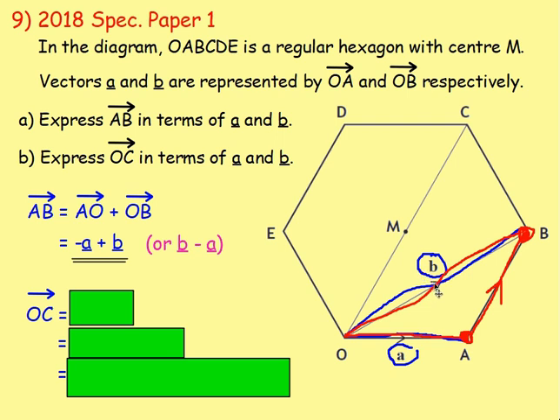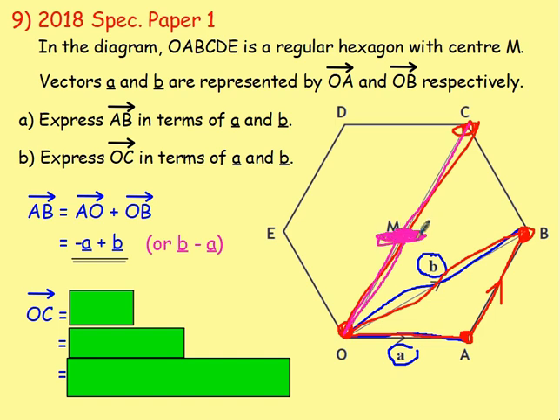Both work. Going from O to C, how do we do that? Well, from O to C is going from O all the way up here to C, up to this point. How can you do that? Well, the thing to realise is that this vector going from O to C is going to be double the length of OM.